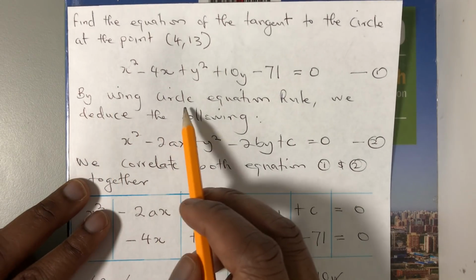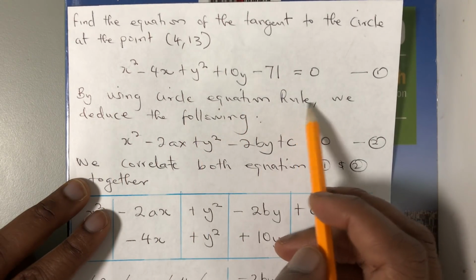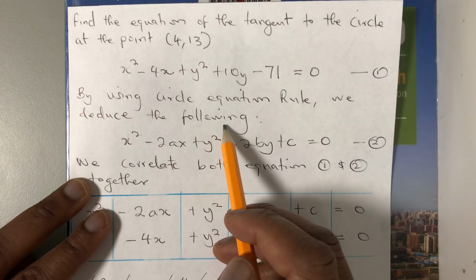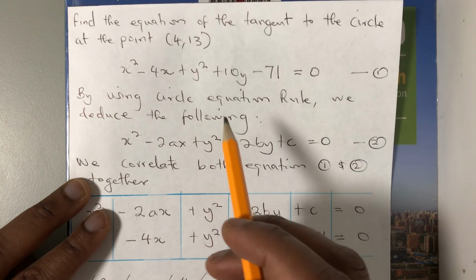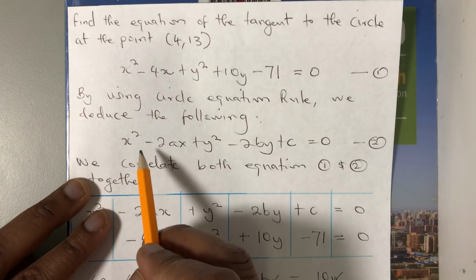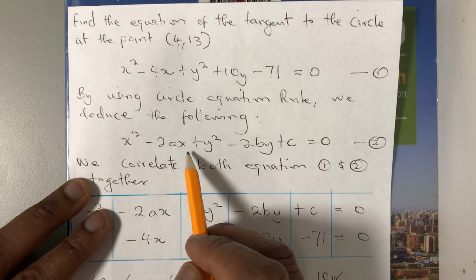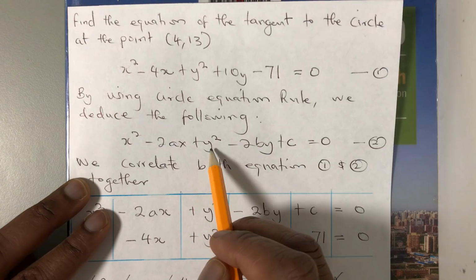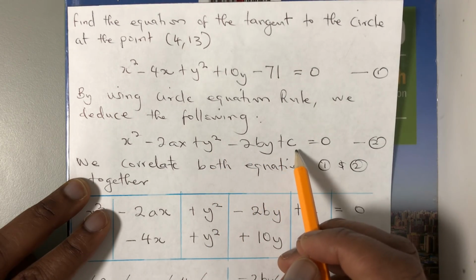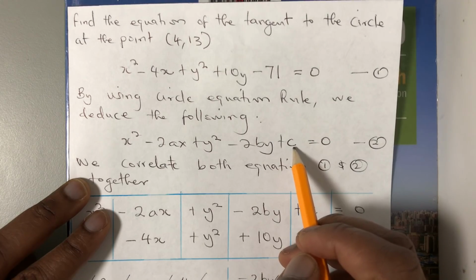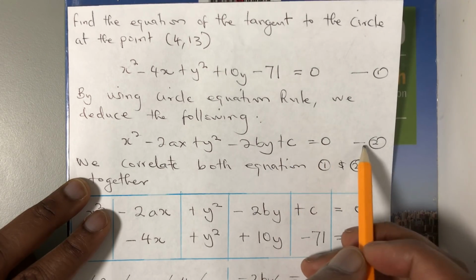By using the circle equation rule, we deduce the following: x raised to the power 2 minus 2ax plus y raised to the power 2 minus 2by plus c, which is our constant, equals 0, equation 2.